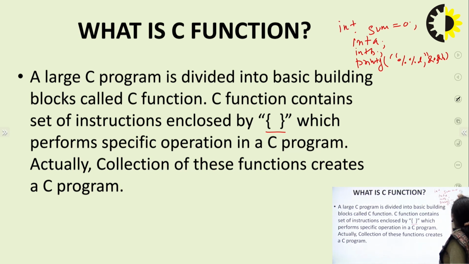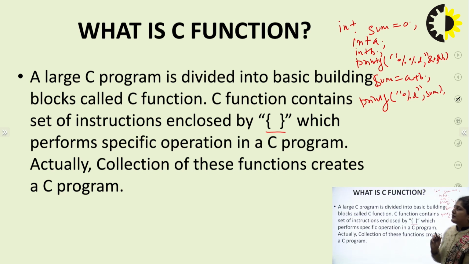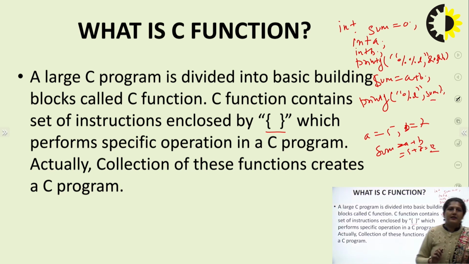I have taken integer type, and now sum is equal to A plus B, and I want to print the sum of these two numbers. Suppose during execution A is 5 and B is 7, so sum will be 5 plus 7, that is 12. The output will be the sum, 12.